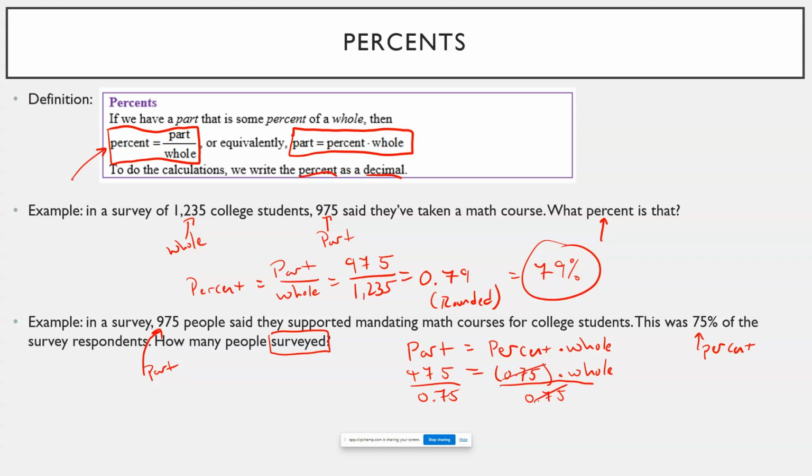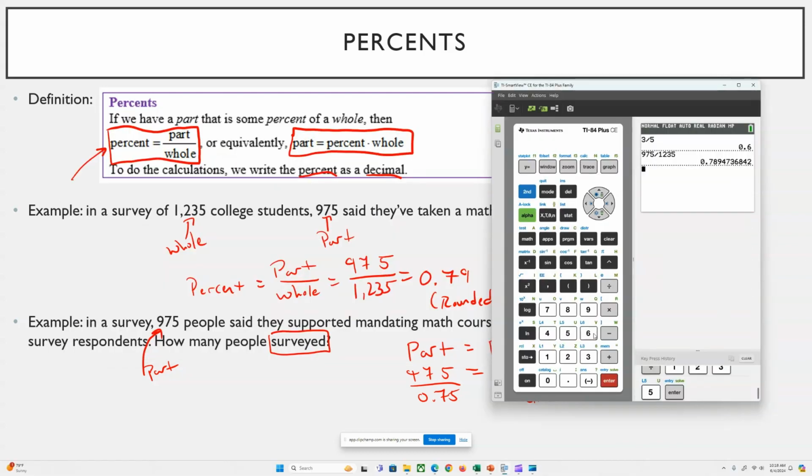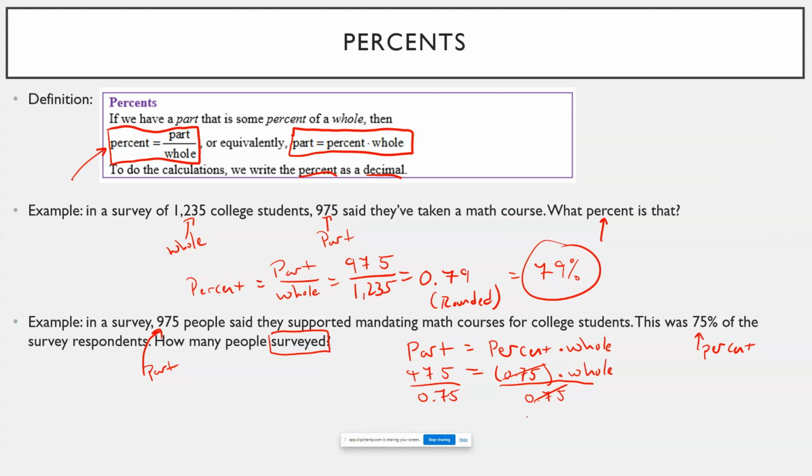These cancel. And let's take 975 and divide it by 0.75. It looks like 1,300 people were in the survey. All right, I hope this quick review helped for you.